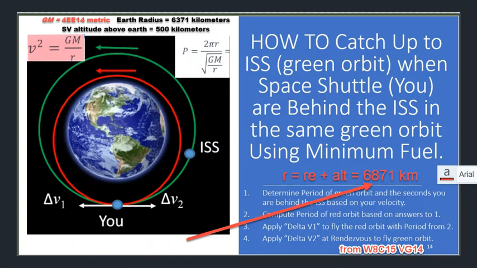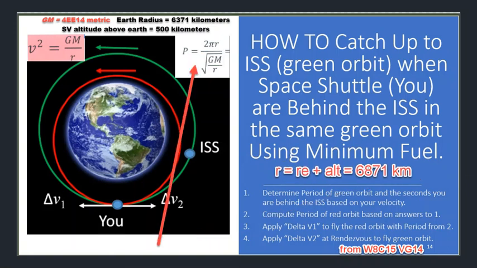And now our period is going to be, now that we know our radius, if we substitute 6871 into our formula for the period, using GM of 4E14 in the metric system, and the R that we've got at 6871, the period will come out to be about 5,668 seconds.